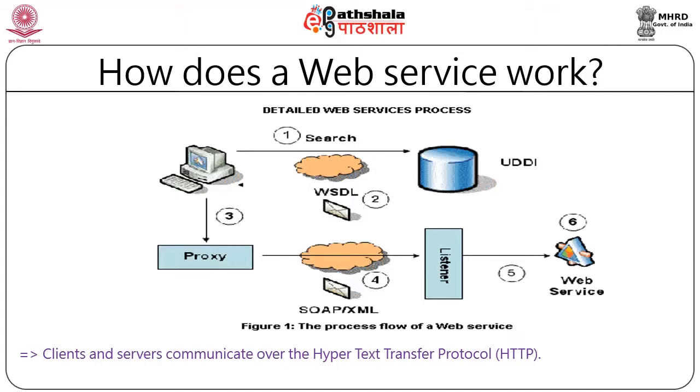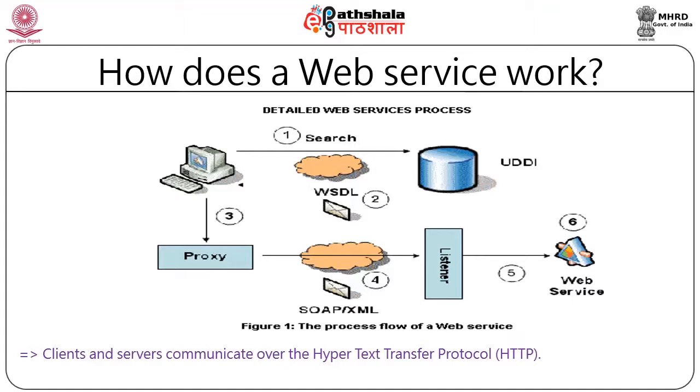Once the UDDI has given the appropriate response about the web service, you can see that it sends a WSDL file, that is number 2, from the UDDI back to the client. Once it gets the WSDL of the particular web service, through a proxy server, it sends a request to the listener. The request sent from the client to the appropriate service owner is called a SOAP message.